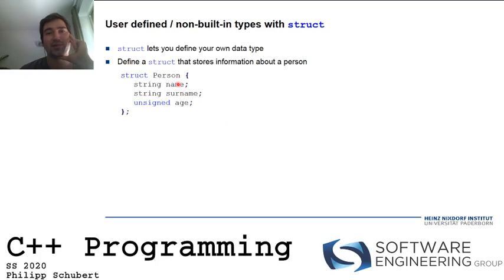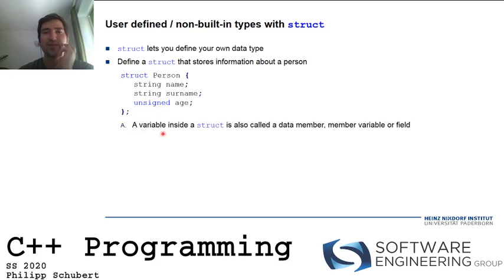So this data type person consists of two strings, one string to store the name, another string to store the surname, and an unsigned integer to store the age of a person. And here we're making use of the type system by using the unsigned integer and not integer, because a person usually is not of negative age. So let's have unsigned to say, yeah, it must be at least positive or 0.